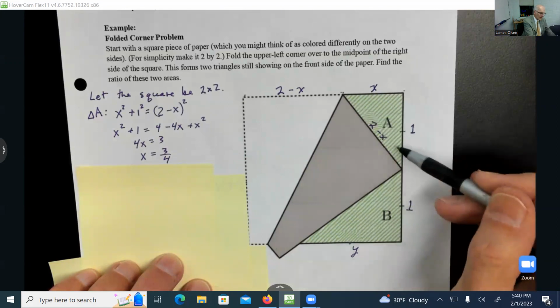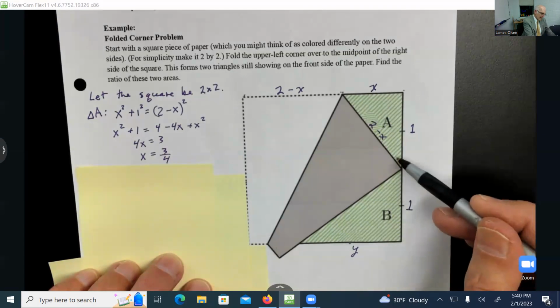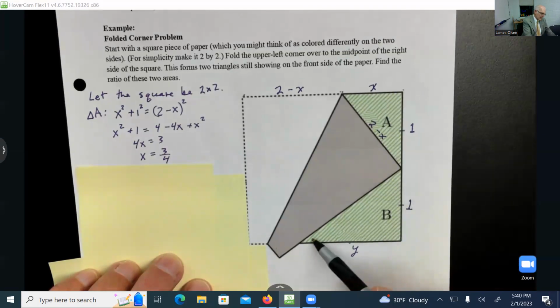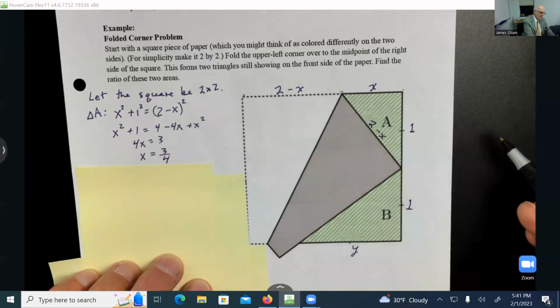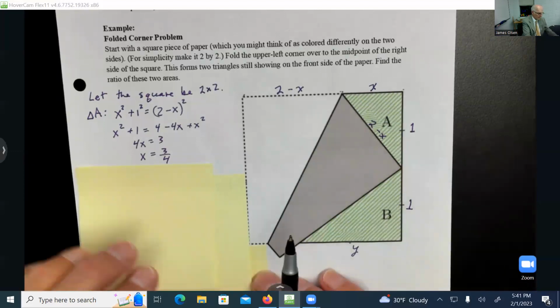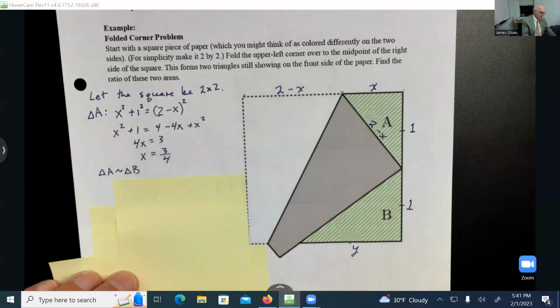These angles add to 90 in triangle A, so therefore, this angle is congruent to this angle, and this angle is congruent to this angle, which means we have similar triangles. Triangle A is similar to triangle B.